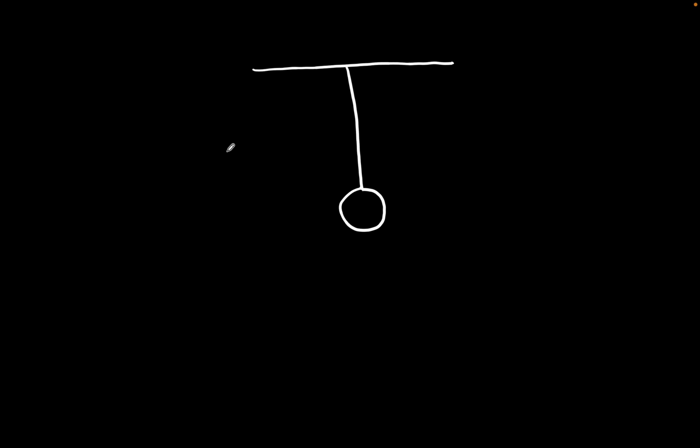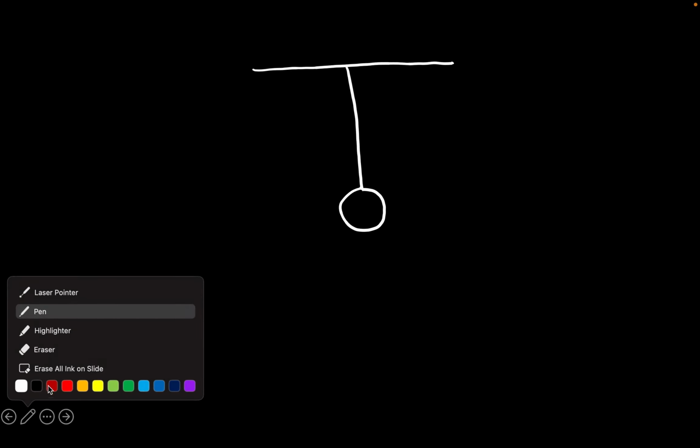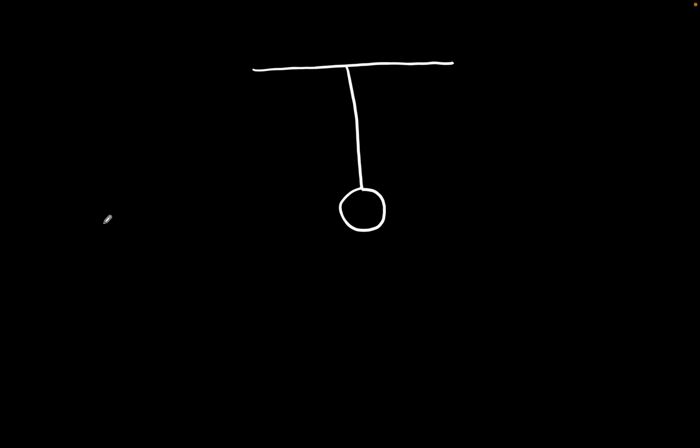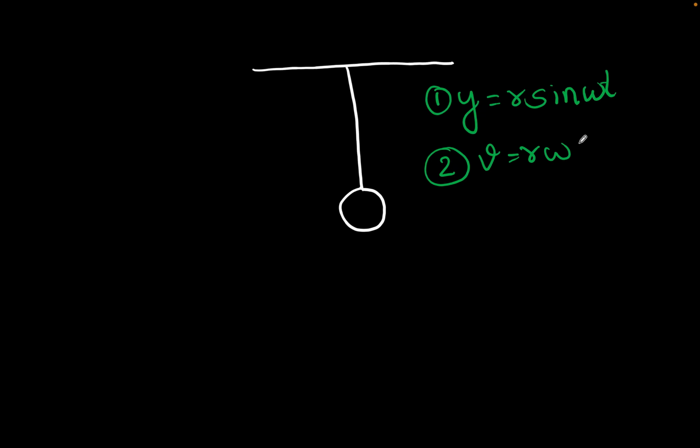Now let me write down the equations that we explored in our previous video. First, we know that displacement is y equals r sine omega t. By the way, check our previous video if you don't know this already. And we know that velocity is the derivative of this, that is r omega cos omega t.